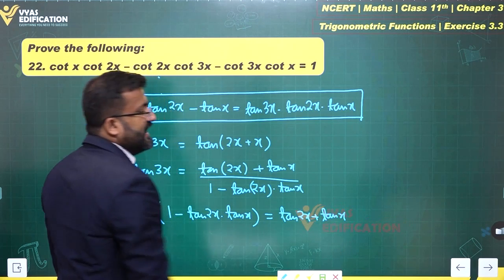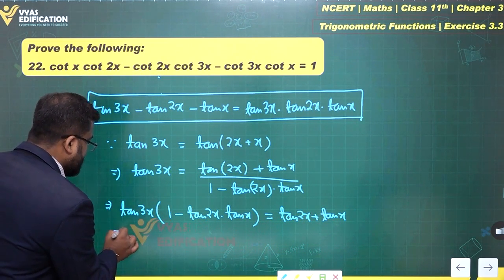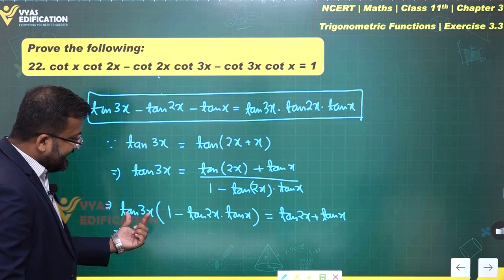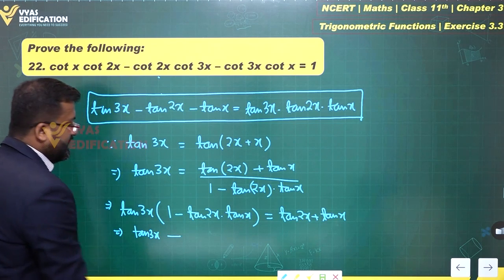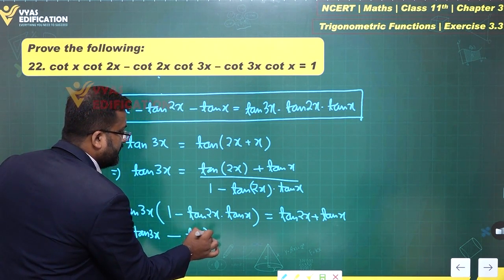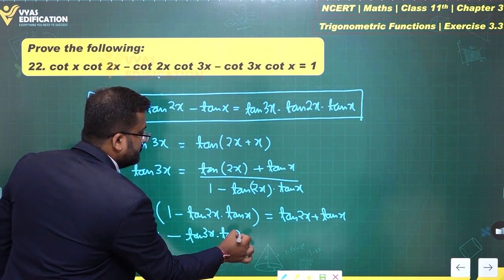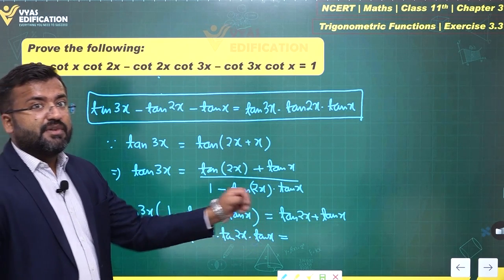This is what you have in the RHS. Is that okay? Yes. Once you're through with this, what will happen is tan 3x times 1 would be tan 3x minus tan 2x tan x times tan 3x, which is equal to tan 2x plus tan x.